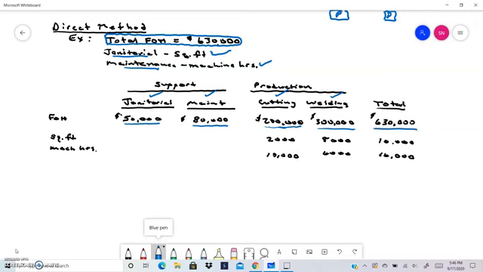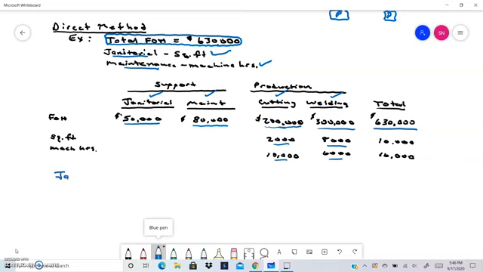And so our total factory overhead is $630,000. The square footage in the production departments, cutting is 2,000, welding is 8,000, and machine hours in cutting is 10,000, and welding is 6,000.